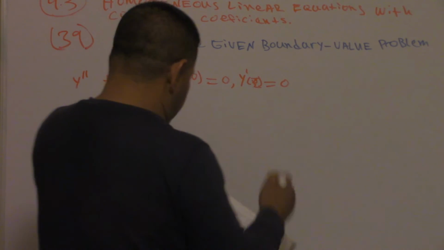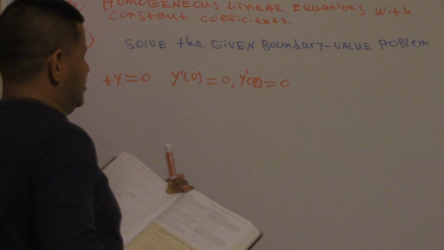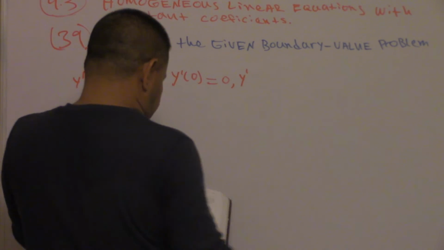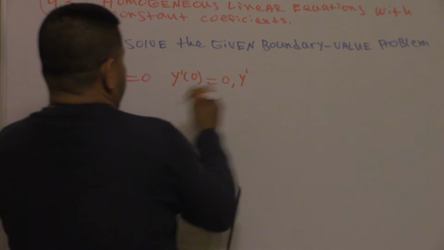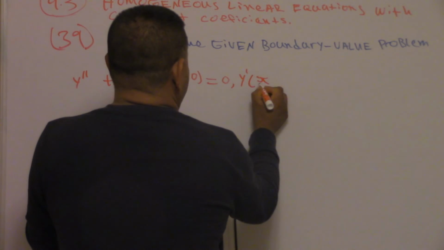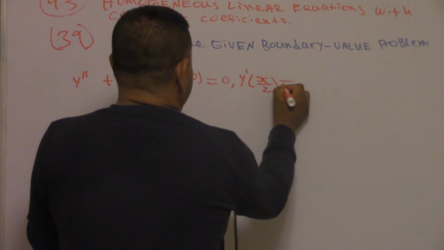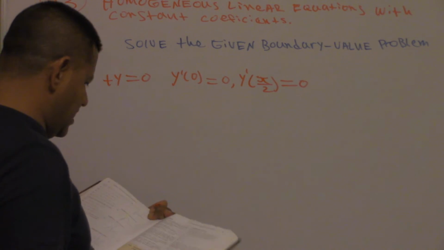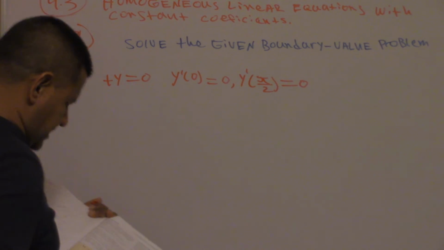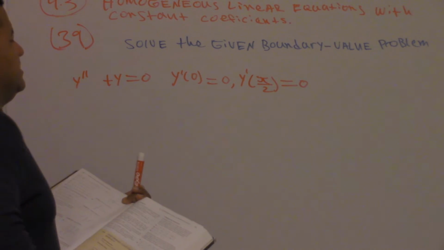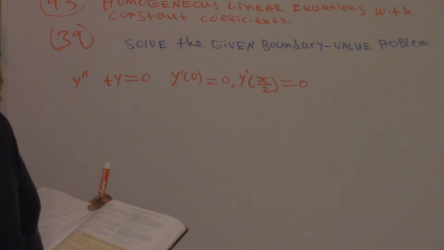Now, I don't know if you can see the pi over 2. Let me just erase this and make it a little bigger. So y prime of pi over 2 equals 0. Now, let's do this problem.